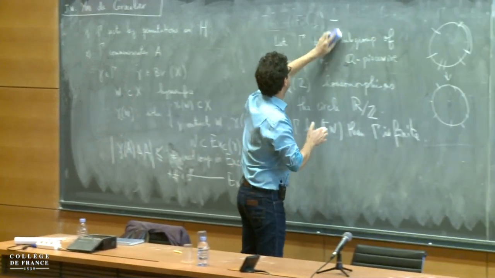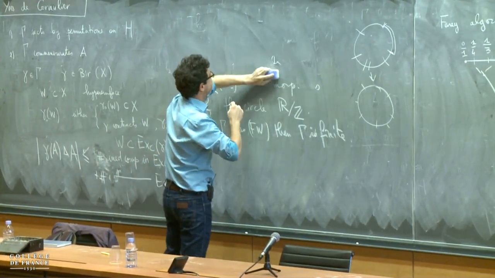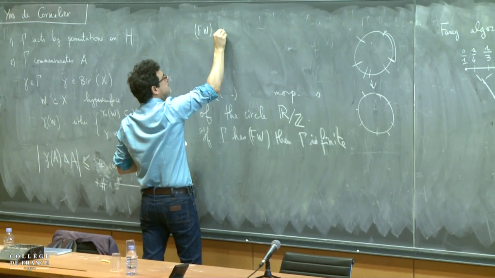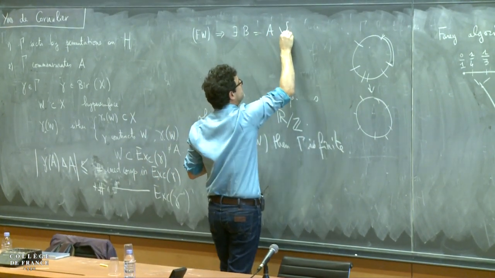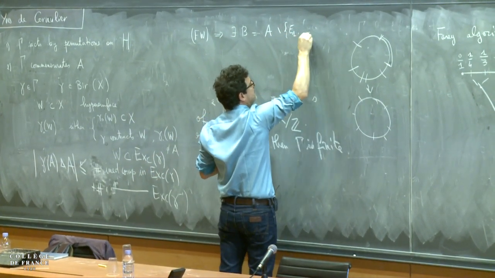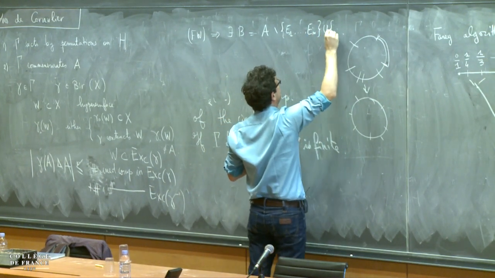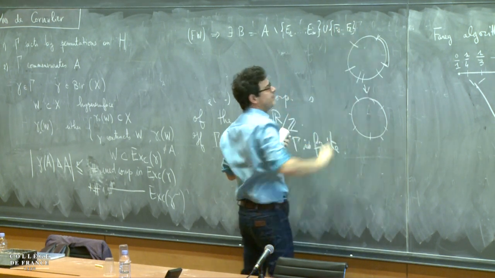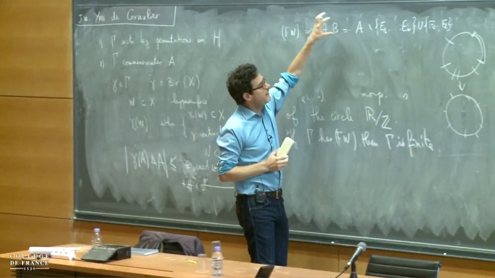So that's what you get from property FW: there exists a B. B is just A minus finitely many hypersurfaces plus maybe finitely many other hypersurfaces. And this set is invariant.